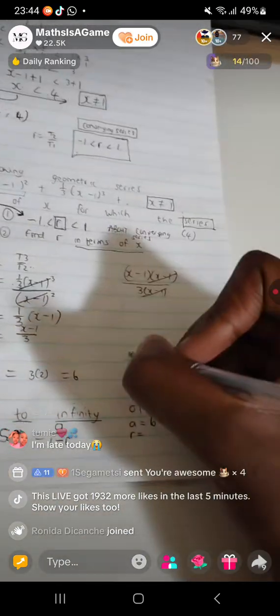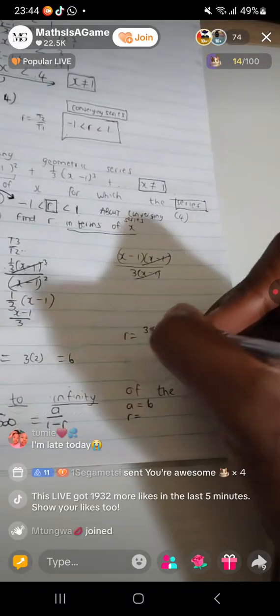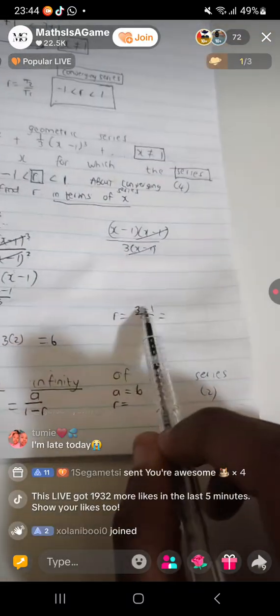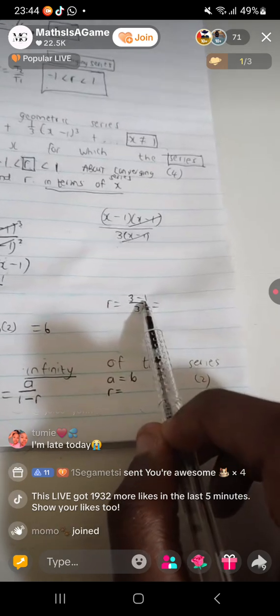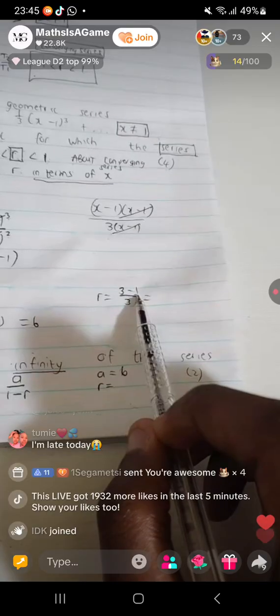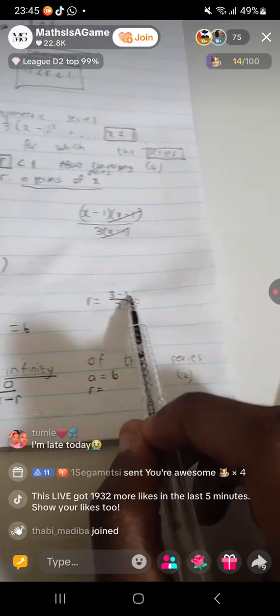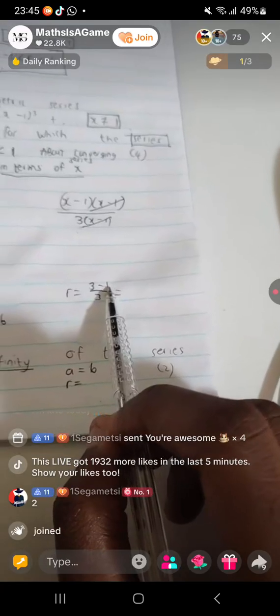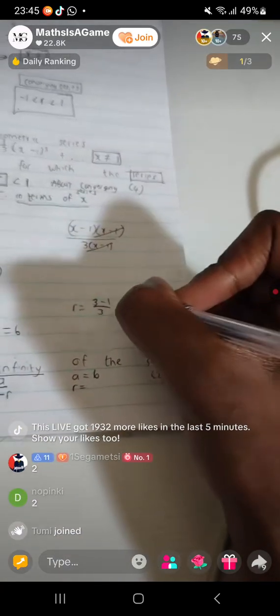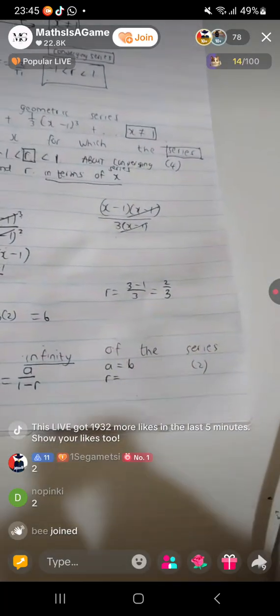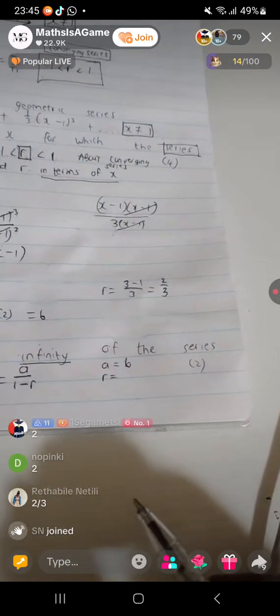So we're going to do the same thing and say r is equal to, in the place of x, 3 minus 1 over 3. What's 3 minus 1 in the numerator? 3 minus 1 in the numerator gives us 2 over 3.